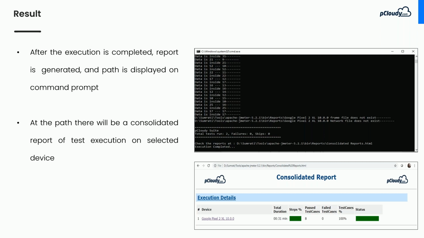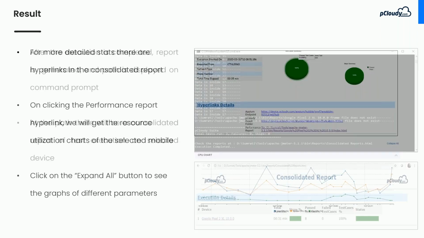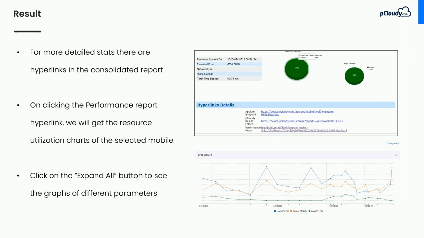The interesting part of this report is that it has additional value in terms of providing the details of the device, which means I can see the CPU chart of what was happening when my CPU was loaded. I was running a scenario, and it may also have been waiting for a response coming back from the application server, and since the application server was heavily loaded, there was a wait.